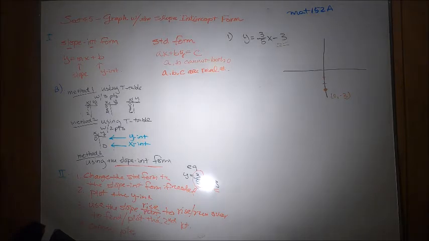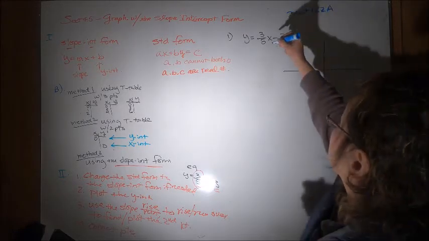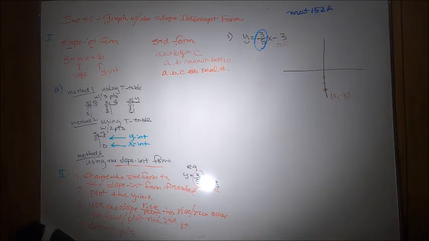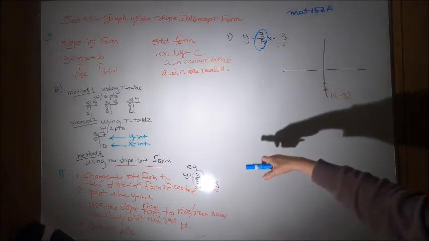Then you need to find the second point, using the slope 3/5. Is it positive or negative? Positive. If it's positive, does it go up or down? Positive, it goes up. Goes up how many? Rise over run.